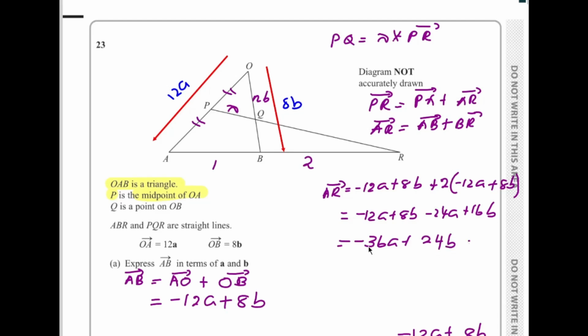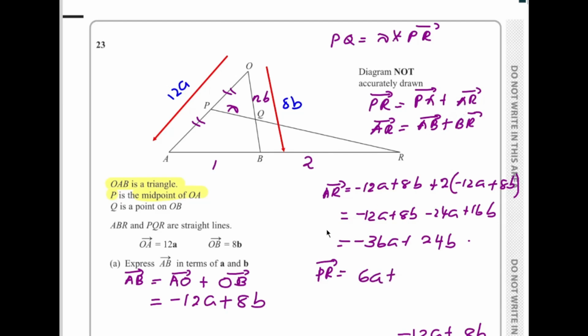Right, we have AR now, so we can get PR. PR equals PA, which is 6a, plus AR.